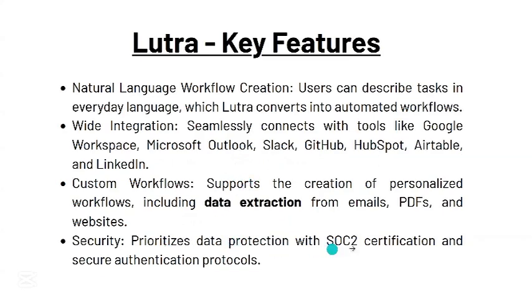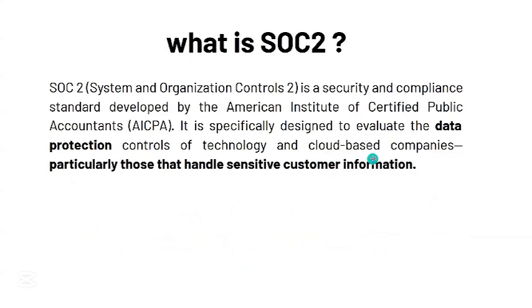And security, that is SOC2. I don't know much about SOC2, but I have put this slide. This information also I found from the internet. Yeah, which is called System and Organization Controls 2. It is a data protection security compliance developed by the American Institute of Certified Public Accountants.